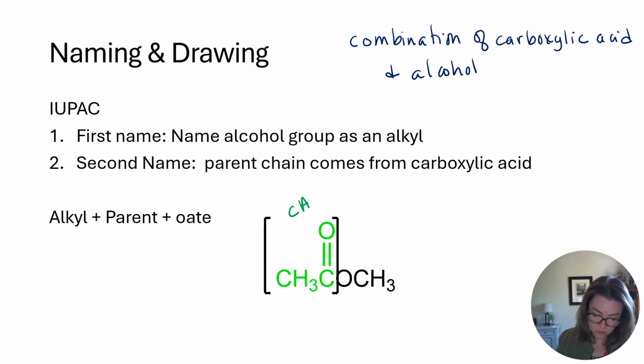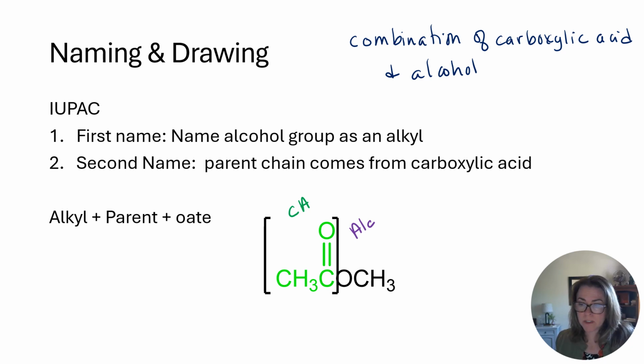The alcohol component is always going to have the lone oxygen, or the alkoxy. Once we've identified what our original carboxylic acid and original alcohol looked like, we can go ahead and name these accordingly. So again, this is going to get two names.